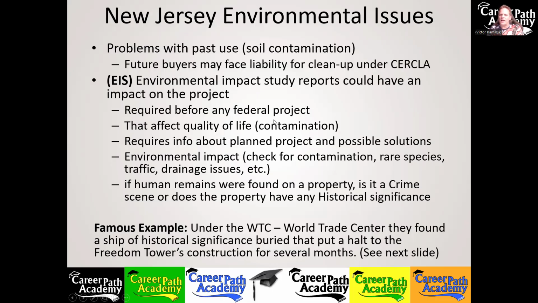They're required before any federal project that affects the quality of life, such as contamination, or requires info about the planned project and possible solutions. Environmental impact, where you check for contamination, rare species, how it would affect traffic or noise pollution or what have you, drainage issues, etc.